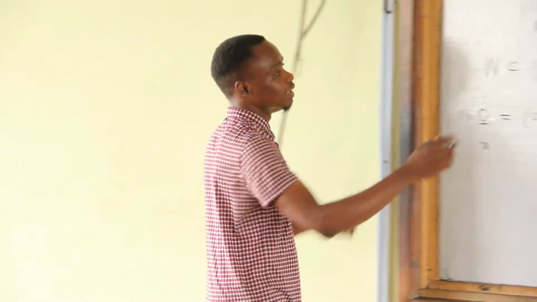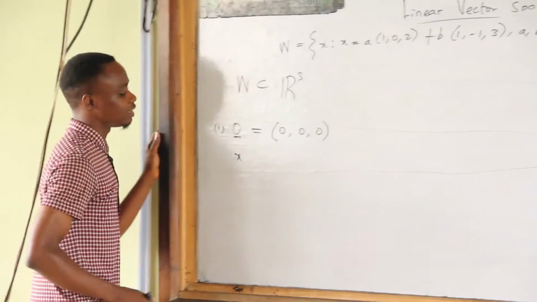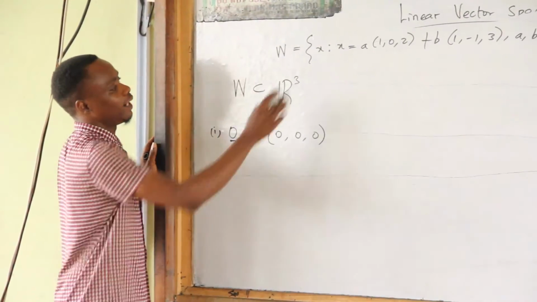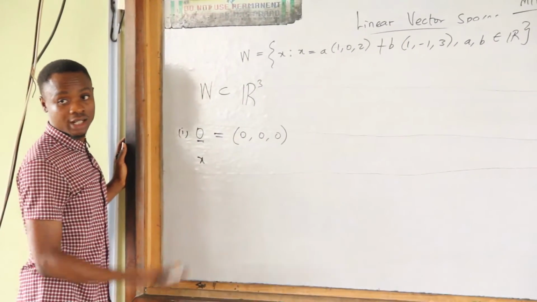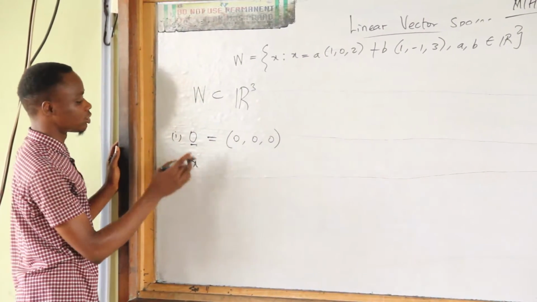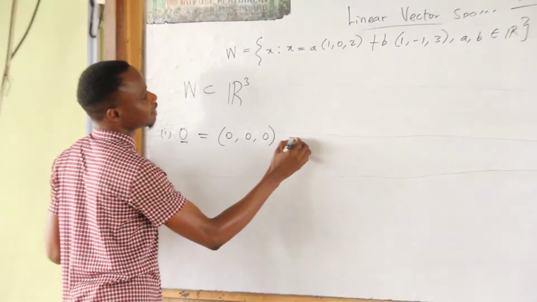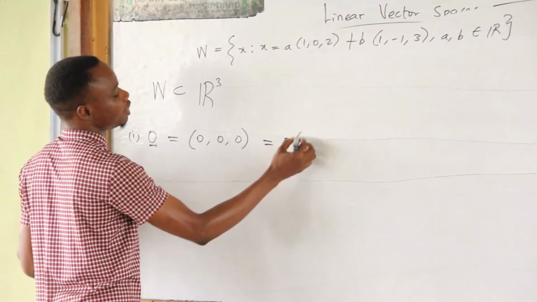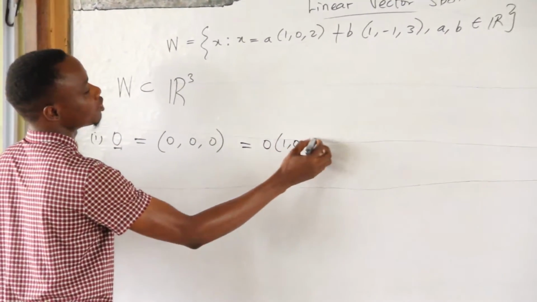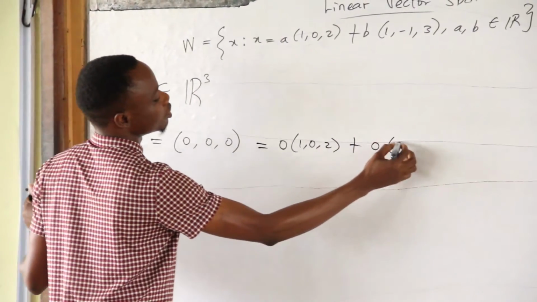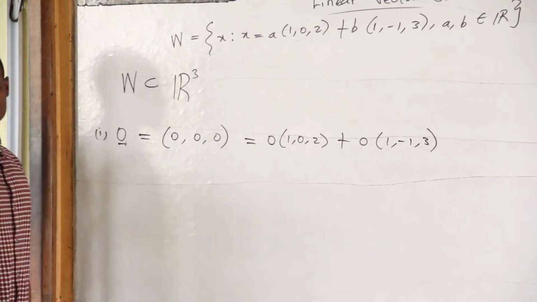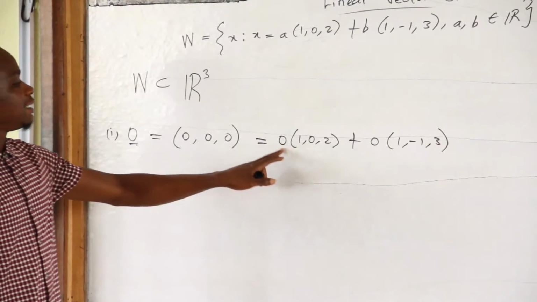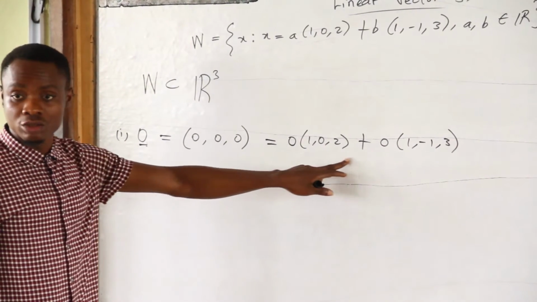Alright, so in this case, let's pay attention. When a is equal to 0 and b is equal to 0, you can get this from this result. Basically, I can say this is equal to 0 times (1, 0, 2) plus 0 times (1, -1, 3). If I multiply this by 0, I get (0, 0, 0).